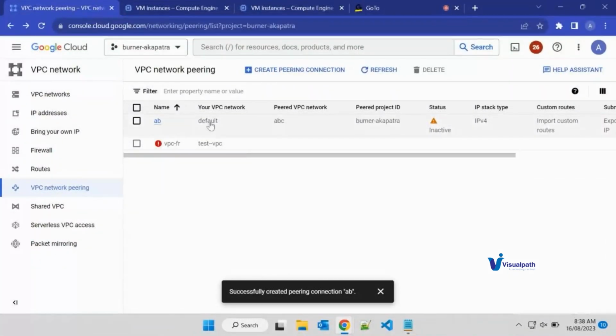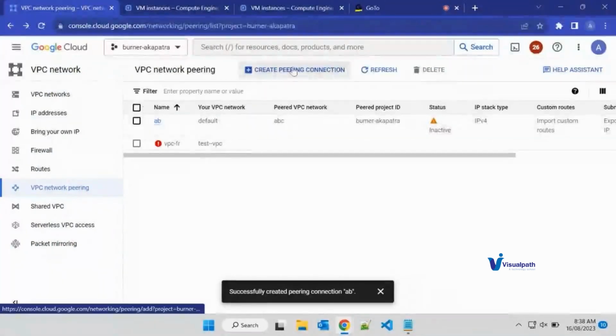Now I have spun up the VPC peering part 1. You can see it is showing inactive because, as I told you, even if you have done the A to B connection, you have to also do it the other way around. B to A also has to be set up, because it is non-transitive. So I will do the other part of the equation quickly.